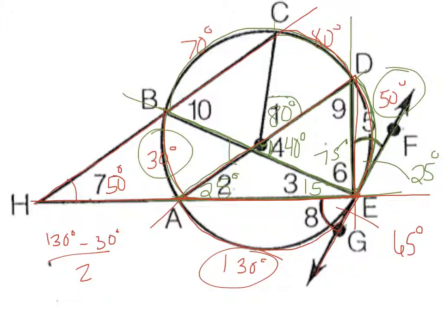And since its vertex is right here on the circle, I know angle 9 also has to equal 65 degrees. All right, going to angle 10. Angle 10 is this inscribed angle. It intercepts the arc of 80 plus 50, which is 130, so I know that angle 10 also has to be 65 degrees. All right, so that was kind of a mess.